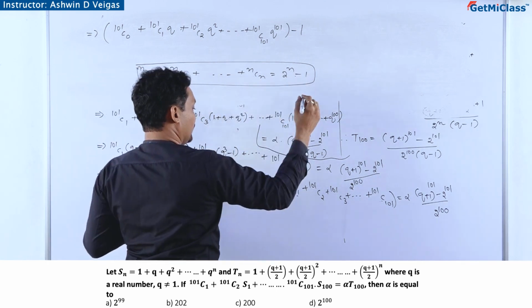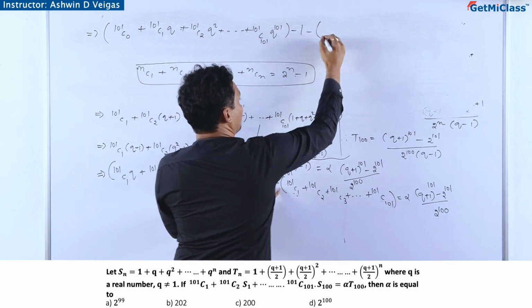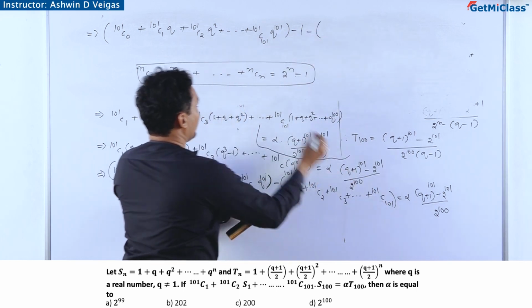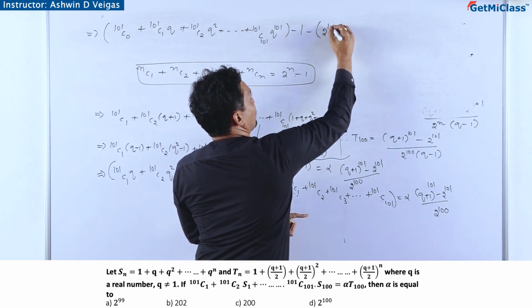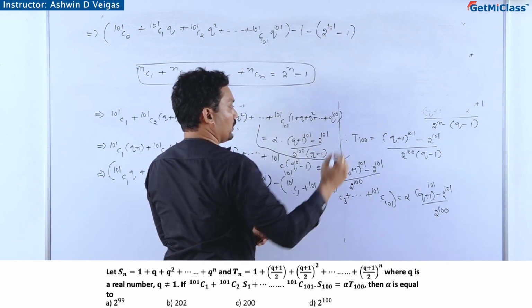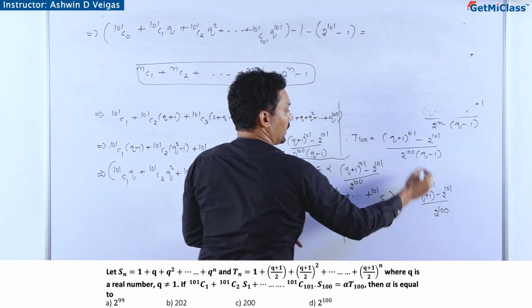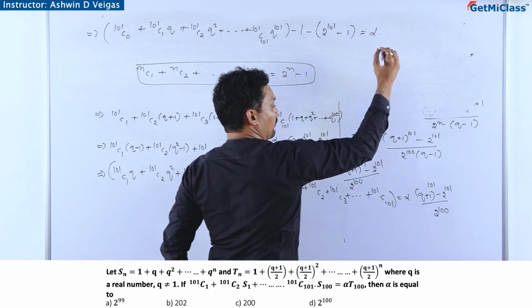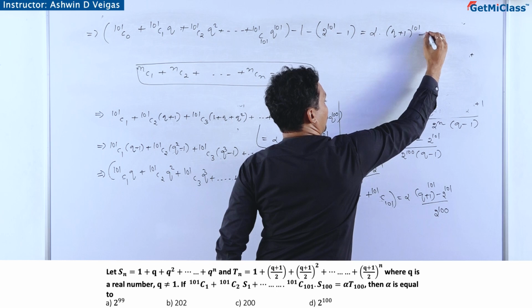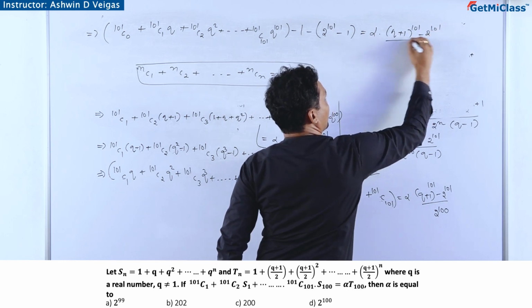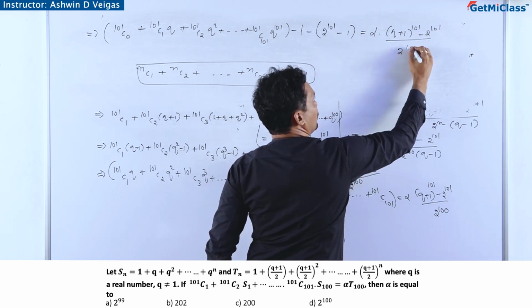So this answer, according to this, is 2 power 101 minus 1, equal to, then this I will write as it is, alpha into q plus 1 power 101 minus 2 power 101 divided by 2 power 100.